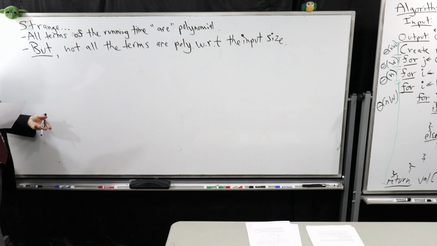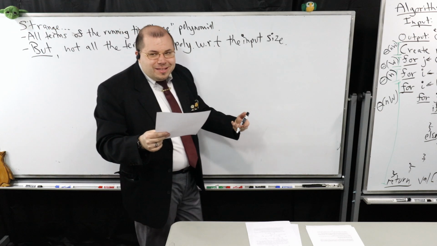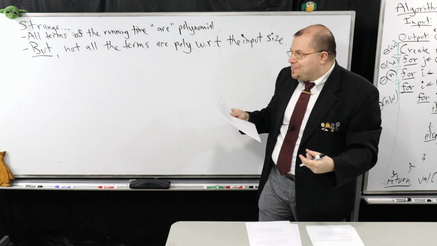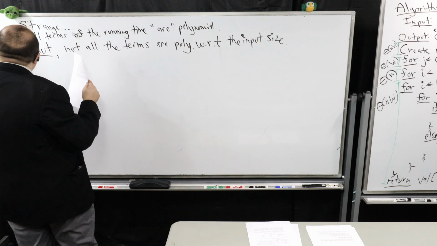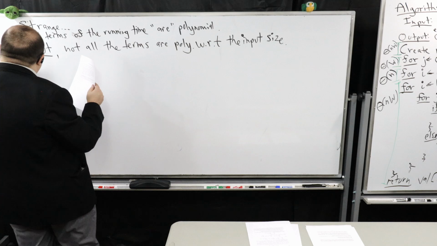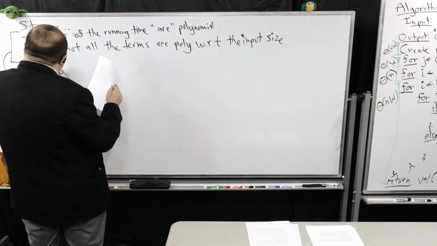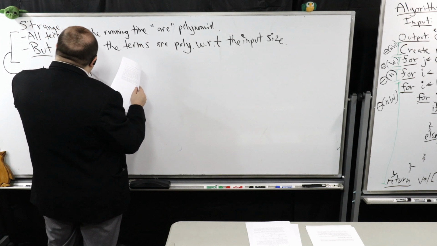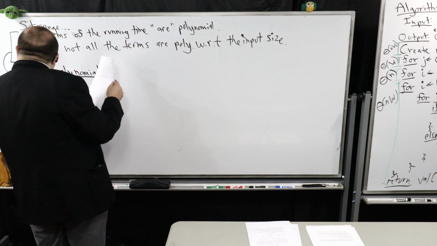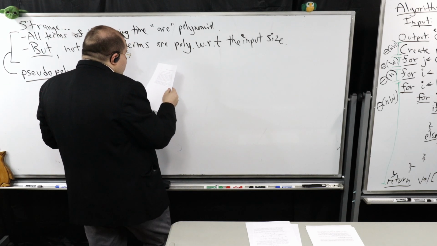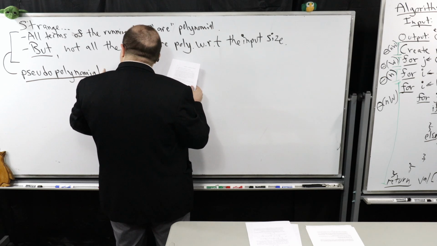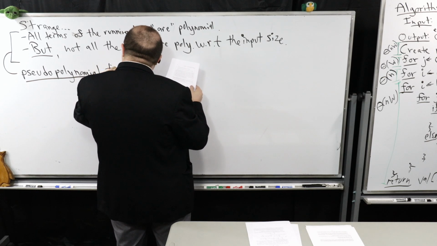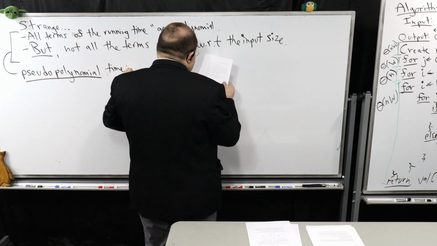So, we have a special name for what we've run into. Running times that look like this are what we call pseudopolynomial. So if you're wondering what pseudopolynomial means, pseudopolynomial time is as follows.